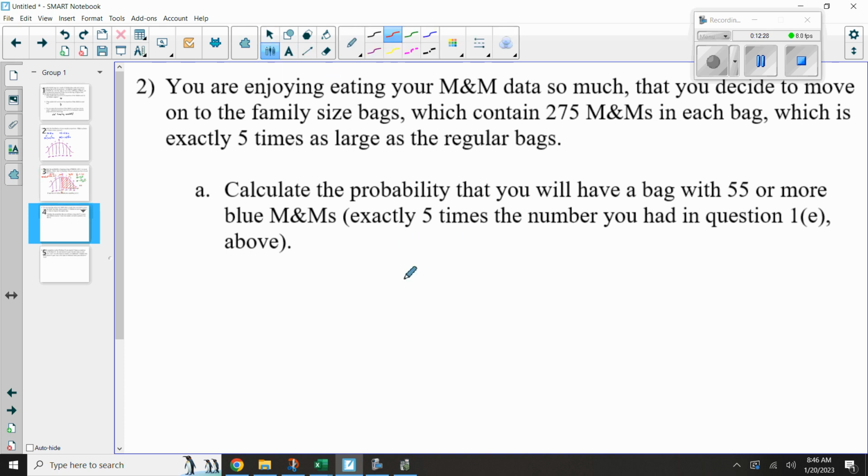So what that is going to change is my standard deviation. So it's going to be 0.23 times 1 minus 0.23 divided by the new sample size, which is 275, and taking the square root of that.